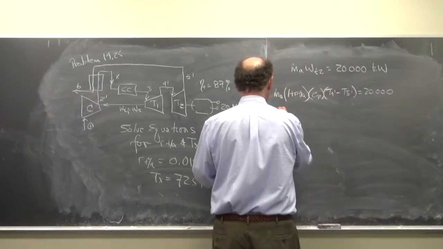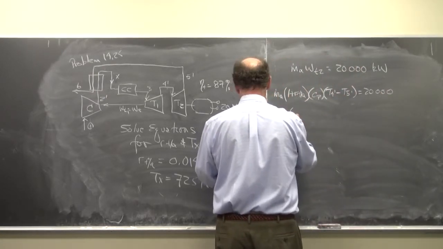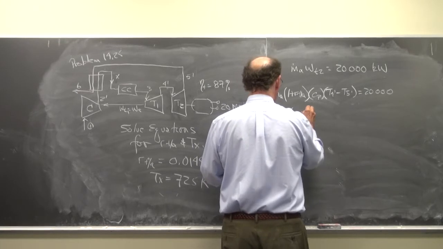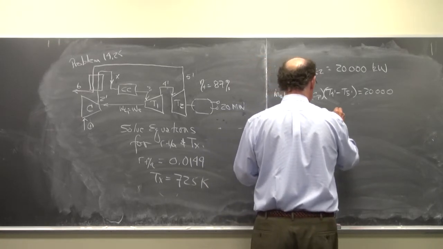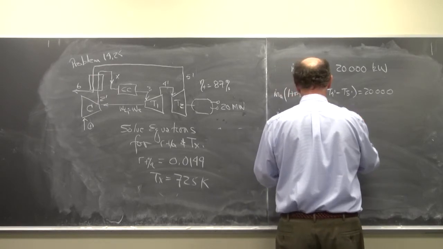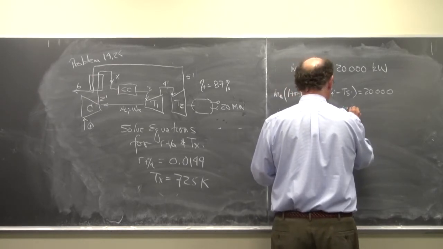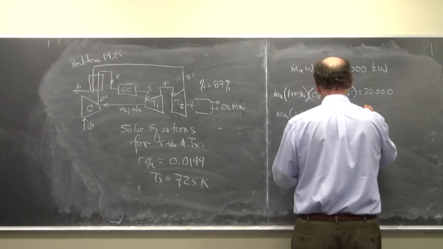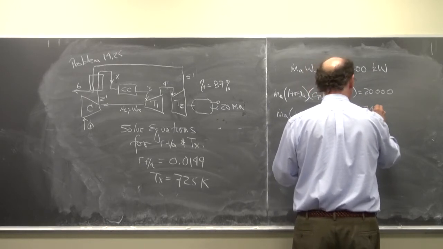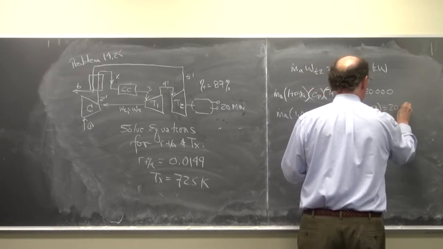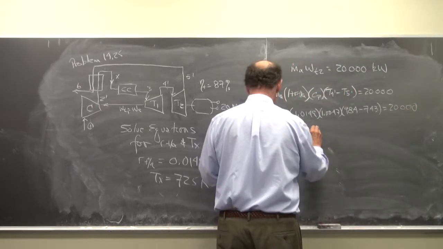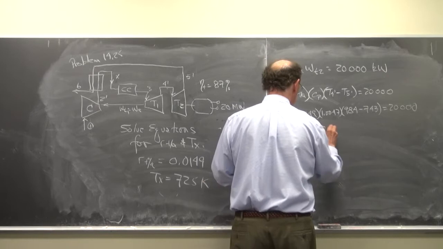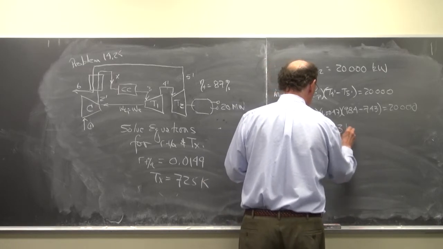So if I substitute in here, m dot A times 1.0149 times 1.0047 times (984 minus 743) is equal to 20,000. We get that m dot A is equal to 78.3 kilograms per second.